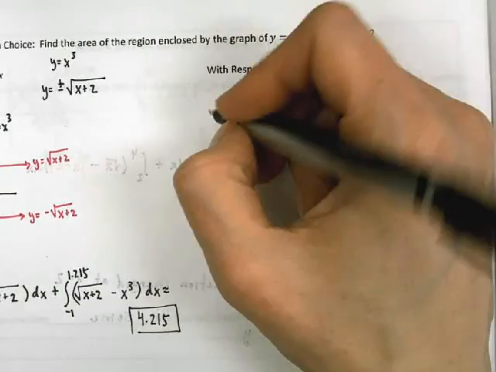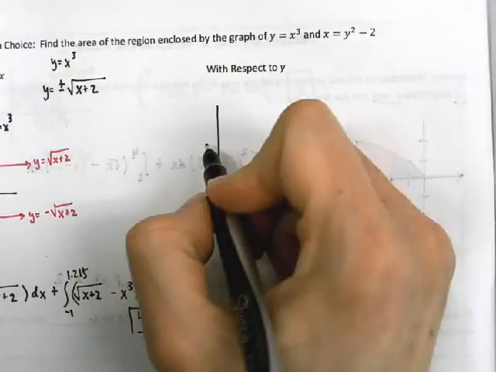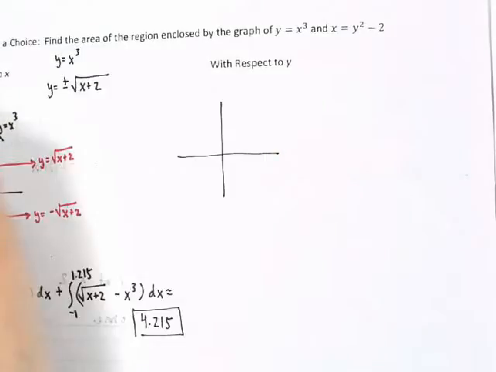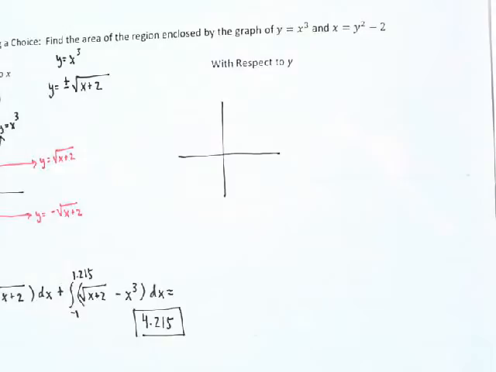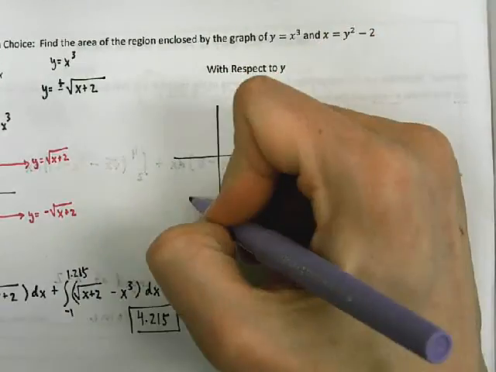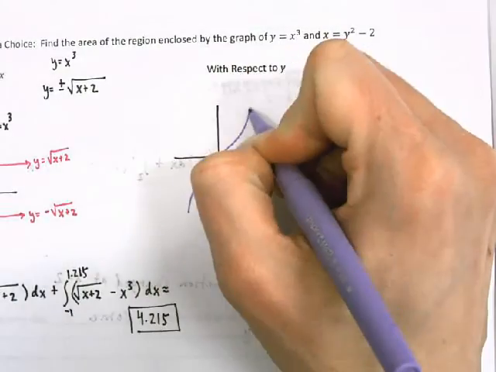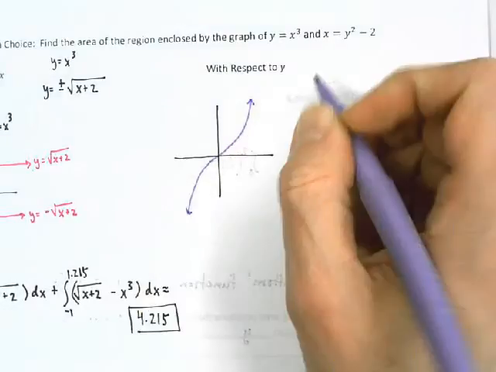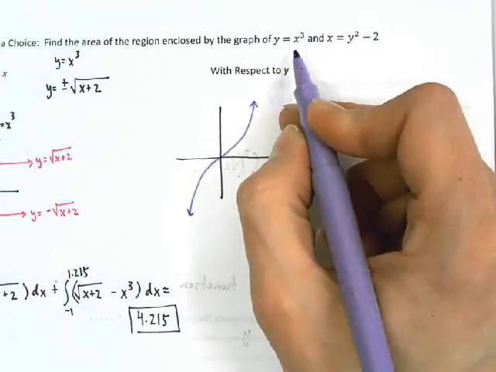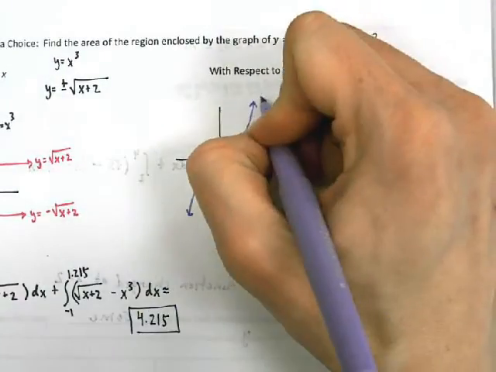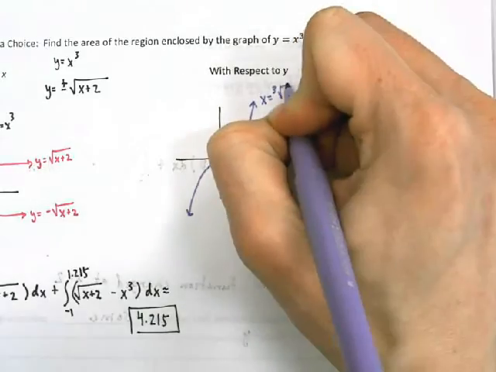Again, we have our same functions here. This time I'm going to be a little more careful. Let's use this purple for x cubed. Now, if I'm going with respect to y, I know that I want this function in terms of y, so I actually have x equals the cube root of y.